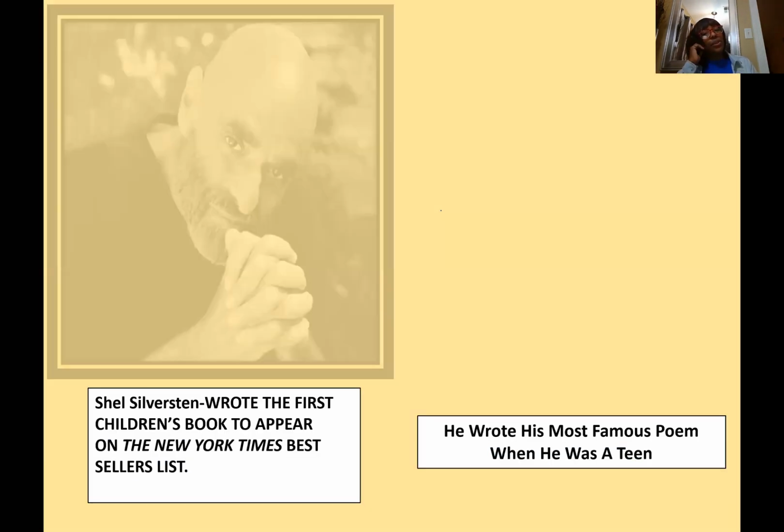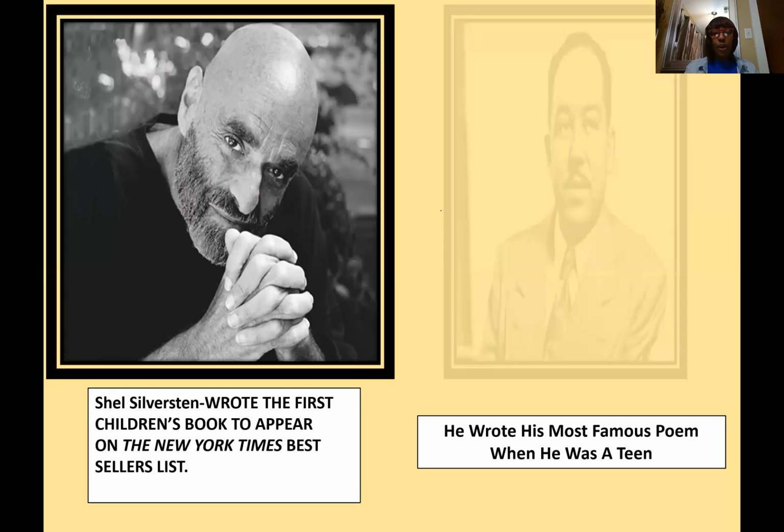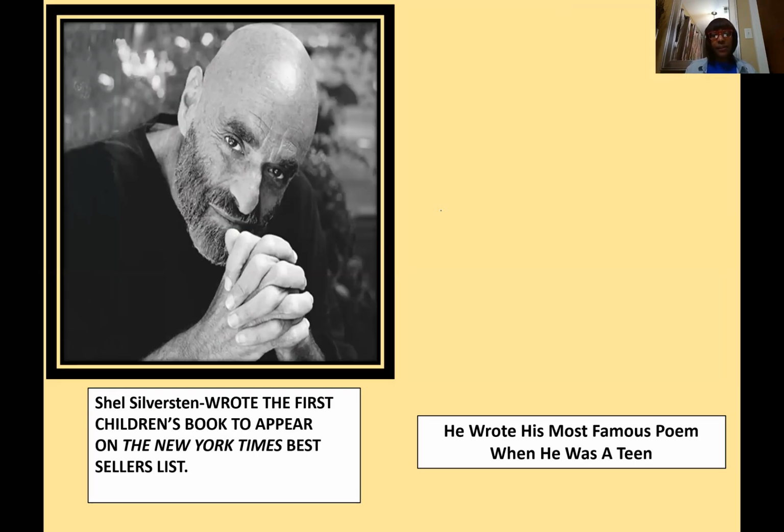So you guys, we have been doing an author study for 2 authors. Last week we worked on Shel Silverstein. So every day I like to provide you with a fun fact about the authors that we're using.